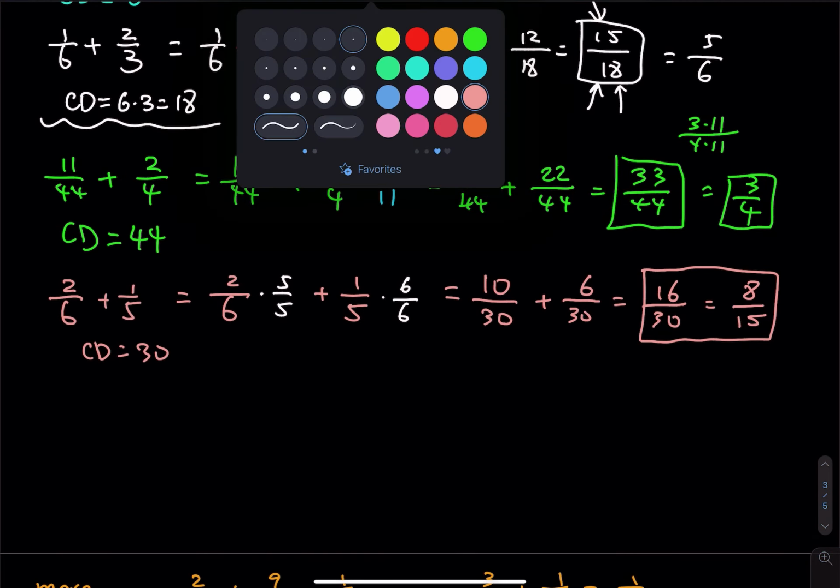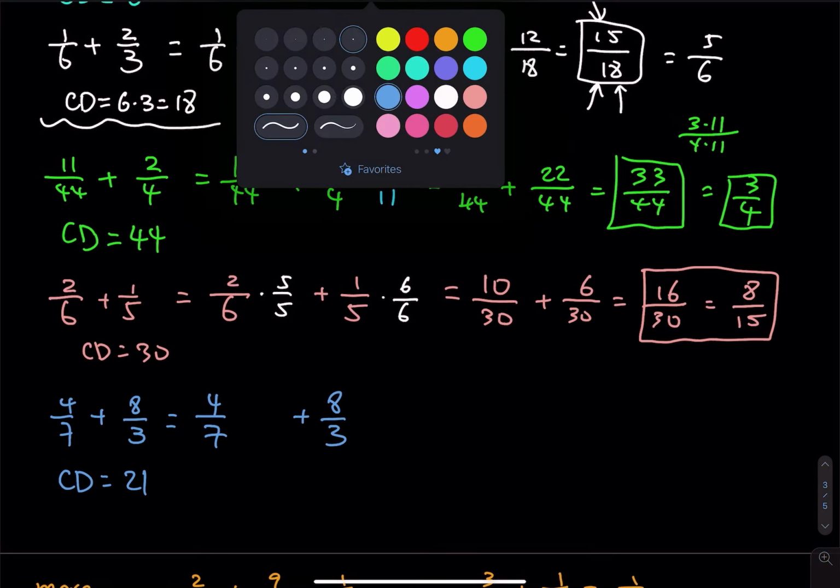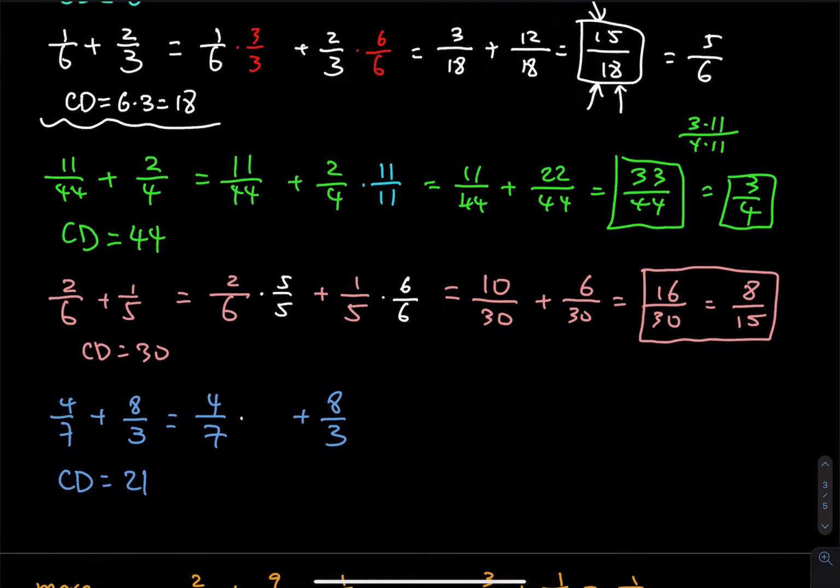So the next one we have 4 over 7 plus 8 over 3. So for this one, the common denominator: 7 times 3 is 21. And then you copy the problem, 4 over 7 plus 8 over 3. And then over 21, I can multiply top and bottom by 3, and multiply top and bottom by 7.